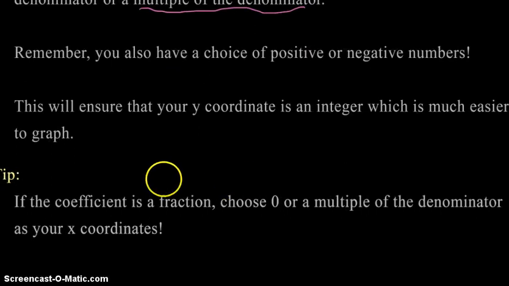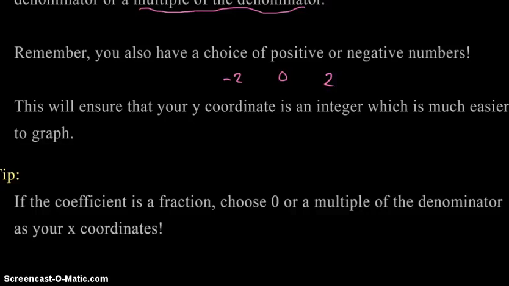And remember, you also have a choice of positive or negative numbers. So, kung mapapansin nyo, negative 2, yung nilagay nating isa, at positive 2. At yung isa ay yung 0. Okay, so this will ensure that your coordinate is an integer, which is much easier to graph. So, may tip tayo dito.